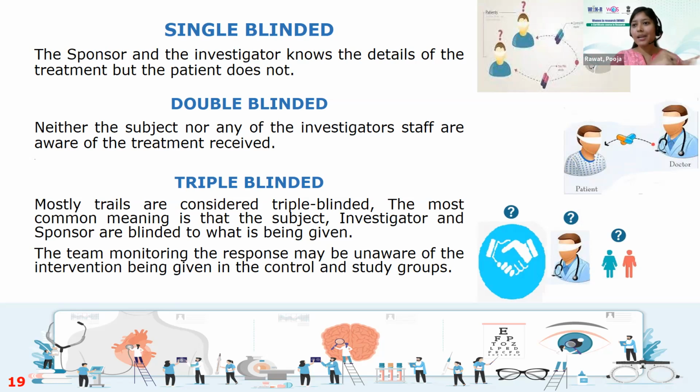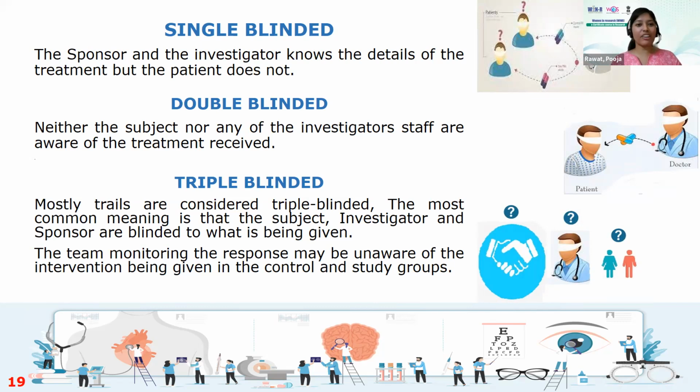These are my ratios. If there are 3 arms, I want the drug in 1:2:1 or 1:1:1. I am deciding the ratio for you, and you just randomly allocate it. So in that case, none of the parties knows which drug is being given.